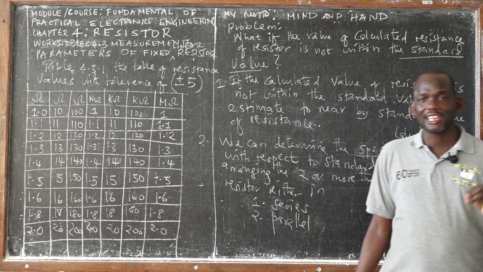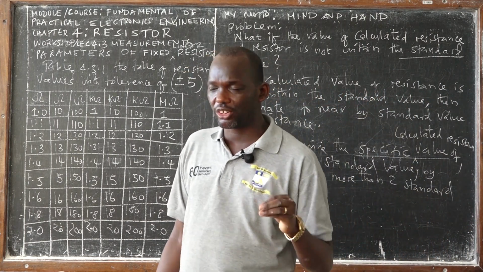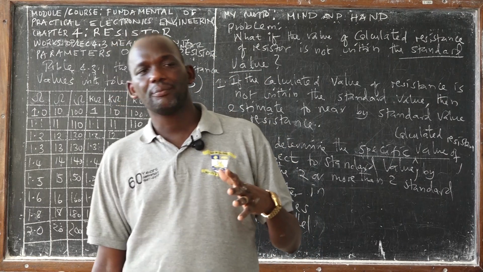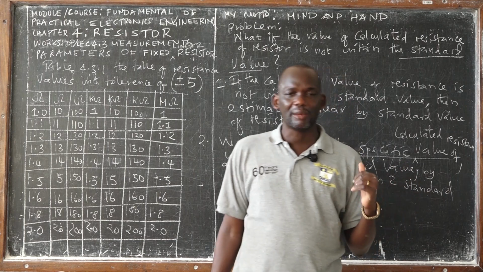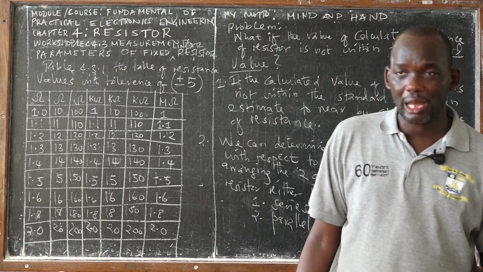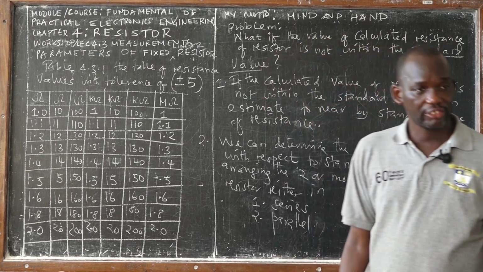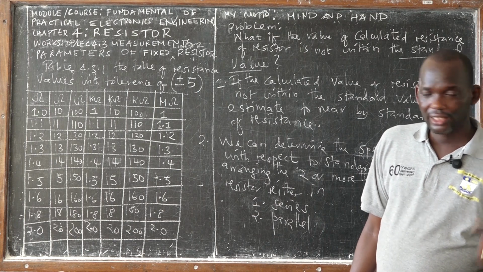When you look at electronics motherboards, you'll see a lot of resistors. Some of them are connected in series, some in parallel, and some are performing other tasks that a resistor can perform. Are we together?